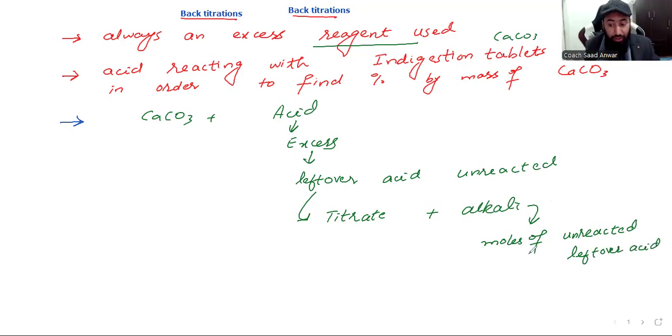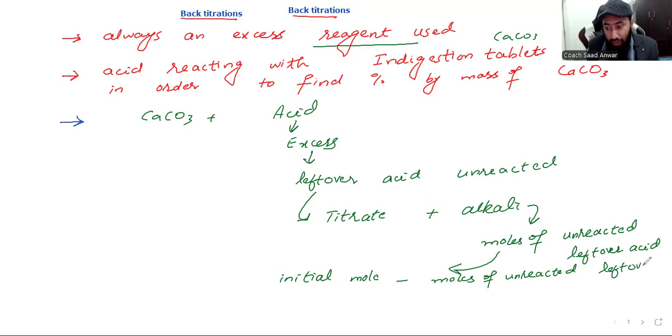We also have the initial moles of acid, so we will subtract the unreacted leftover acid moles from the initial moles of acid.